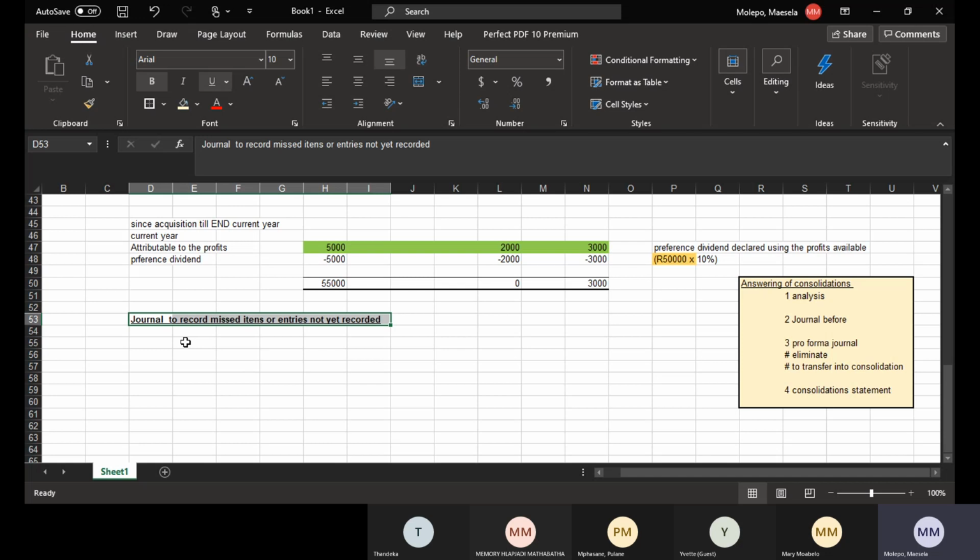They say on 31 December, the inventory of S Limited includes inventory to the value of 10,000 that had been purchased from P, and inventory that P invoiced at 3,000 was in transit. So that inventory which was in transit is not yet accounted for in the books of S Limited. So in the books of S Limited, you need to account for those things. So this journal will be the journal for S Limited.